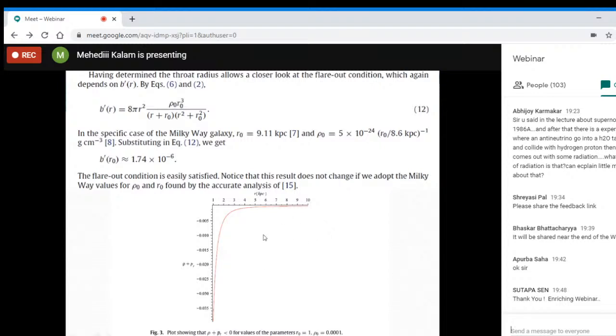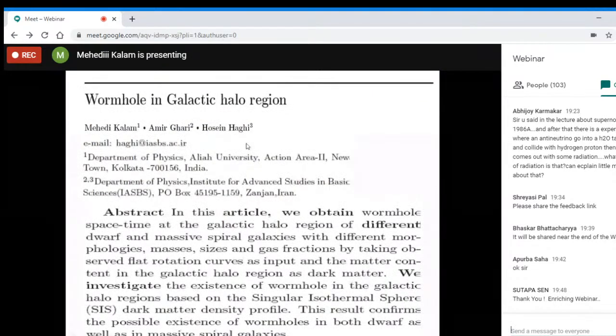Motivated by this, my collaborator in Iran, at the Institute for Advanced Studies in Basic Sciences, where I did this work when I went to Iran as a TWAS Associate, and I are trying to extend this. They showed it only for the Milky Way galaxy, so we are trying to get this result, why not, for other galaxies also.